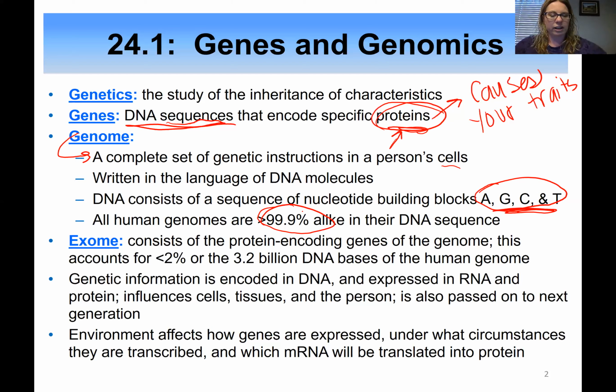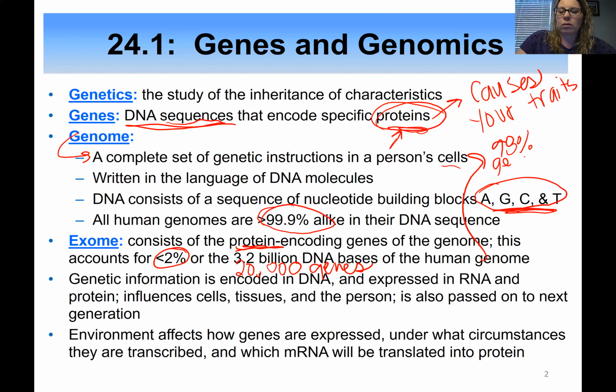Another term here is exome. We have the genome, which is the complete set. The exome is only the protein coding genes, and that's about 2%, or 20,000 genes, less than 2% of our genome.